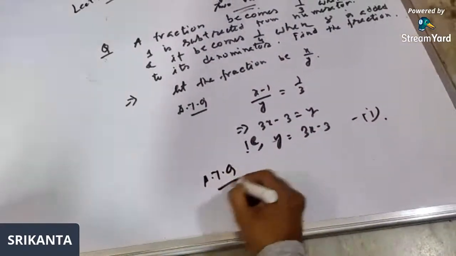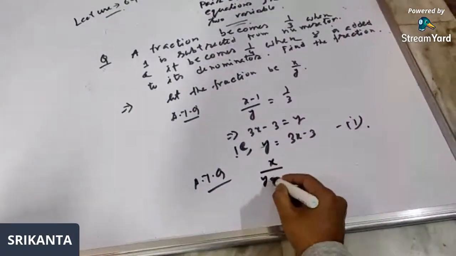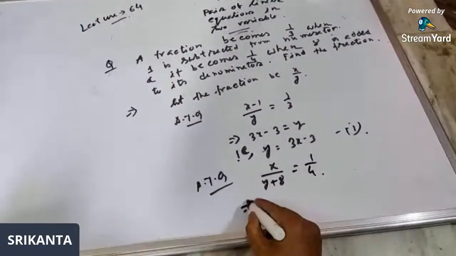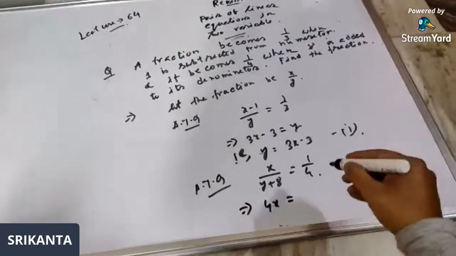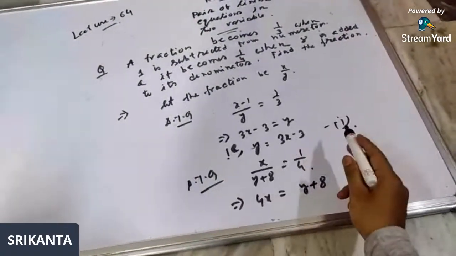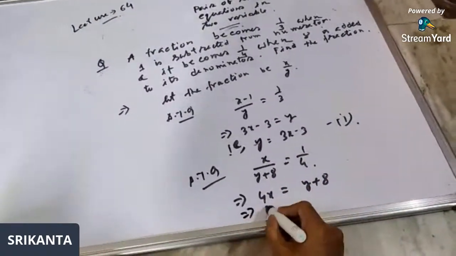So similarly, according to the question, when 8 is added to the denominator, the fraction will be this, and the fraction is given as 1 by 4. Again, cross multiply. Clear? Now use 1. The value of y is 3x minus 3. Put it here.